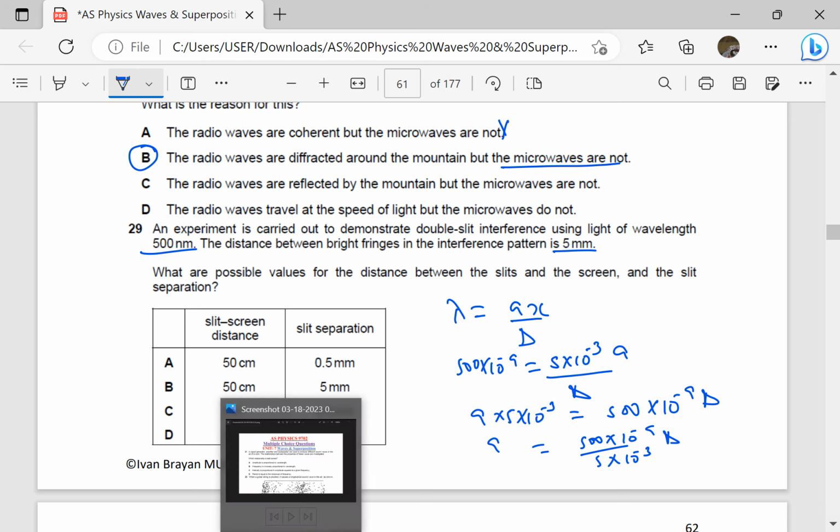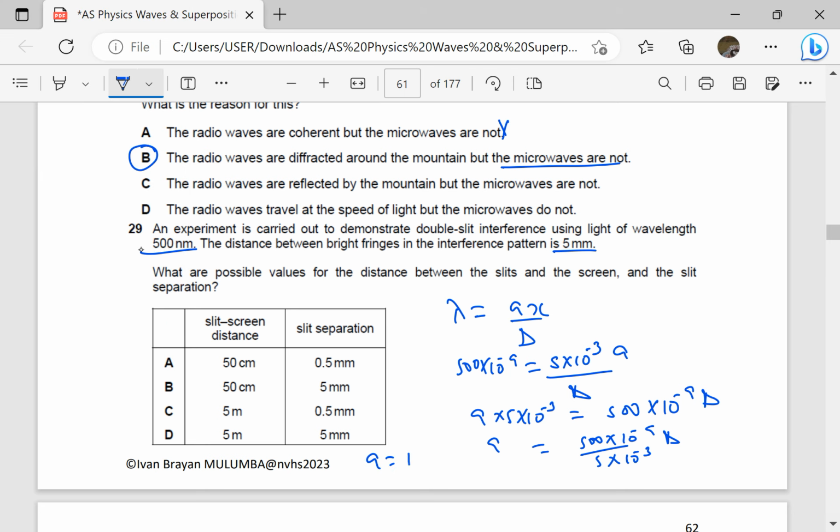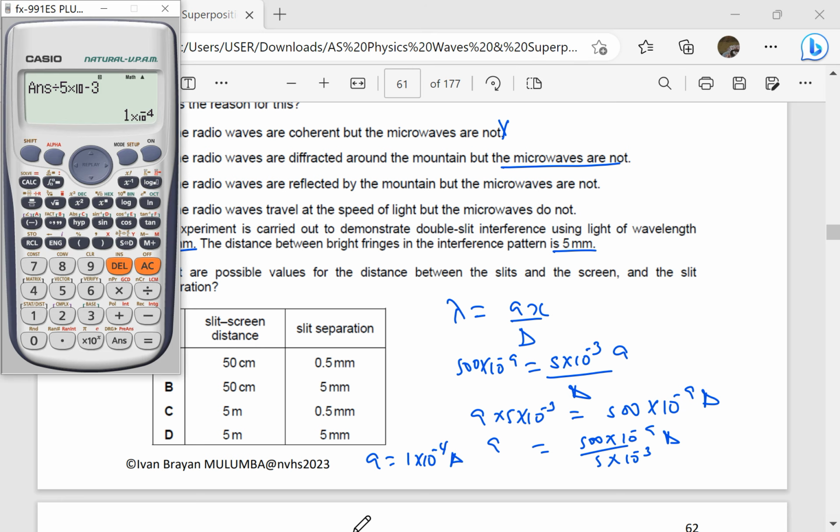Let's first simplify that. 500 times 10 to the negative 9 divided by 5 times 10 to the negative 3 is 1 times 10 power negative 4. So a should be equal to 1 times 10 power negative 4 times D, in meters, of course.